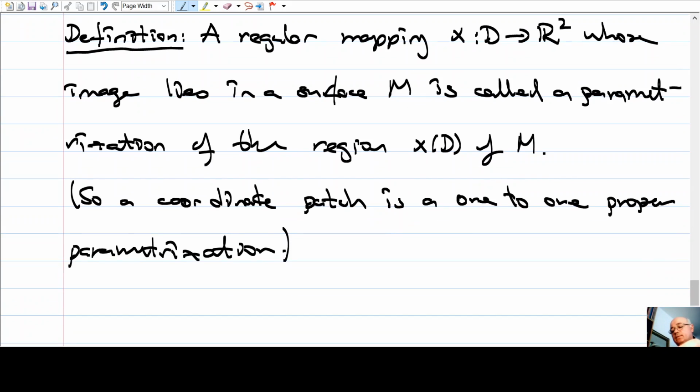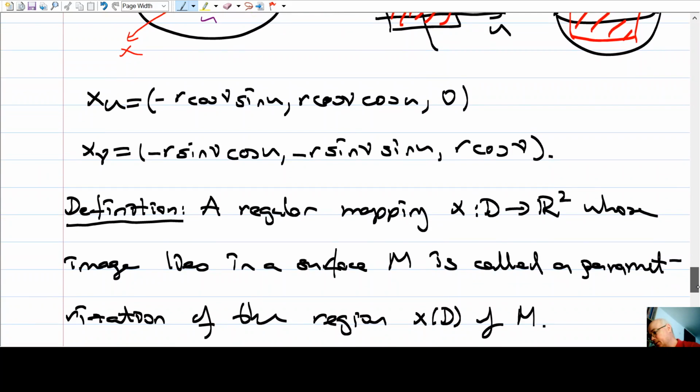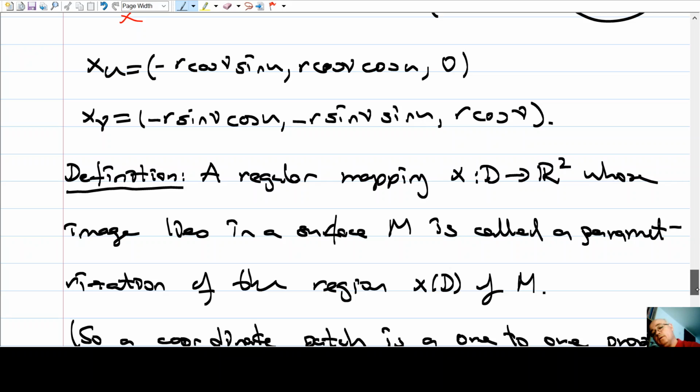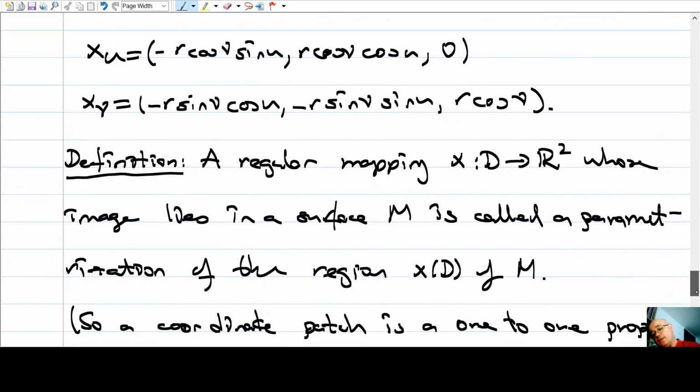All right. So let's continue our example. So here we had these velocity vectors.